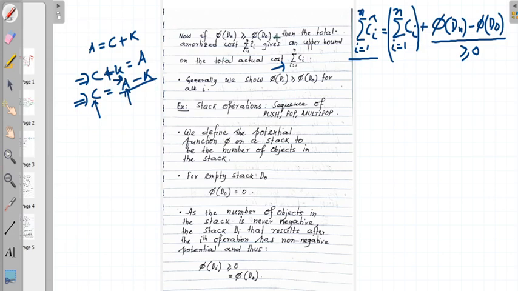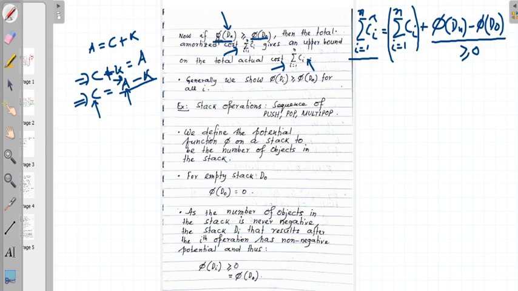So when phi of d_n minus phi of d_0 is greater than or equal to 0, that means phi of d_n is greater than or equal to phi of d_0. If I take this term to this side, then this is coming. So now we can say that the total amortized cost gives an upper bound on the total actual cost.